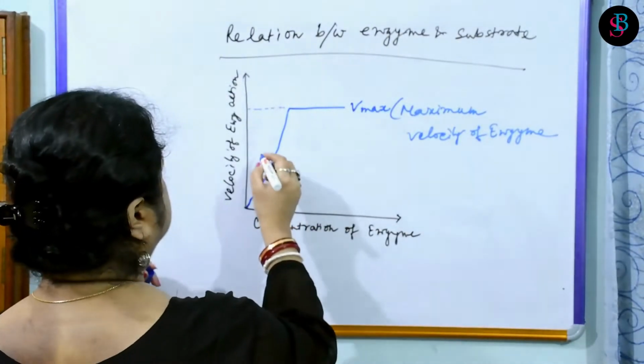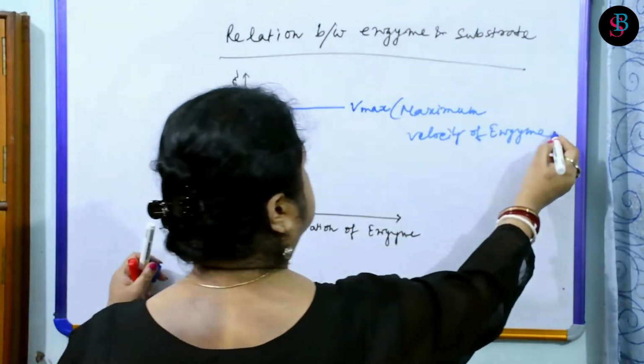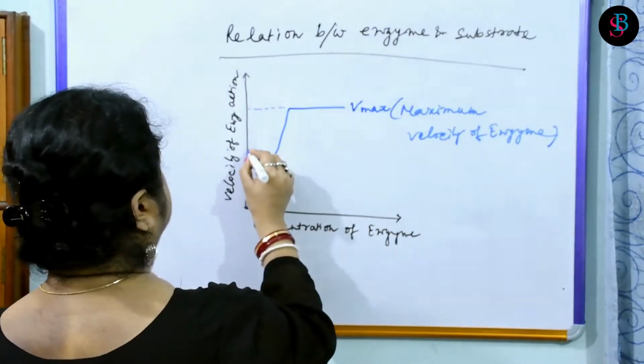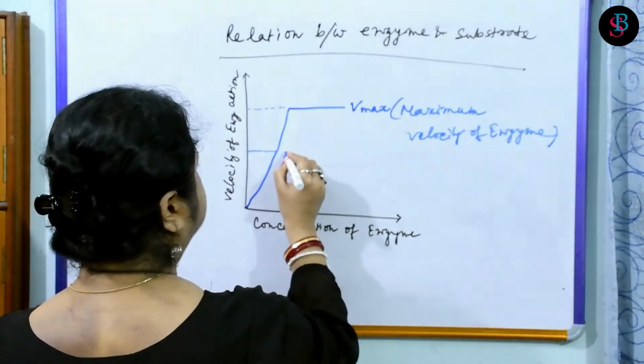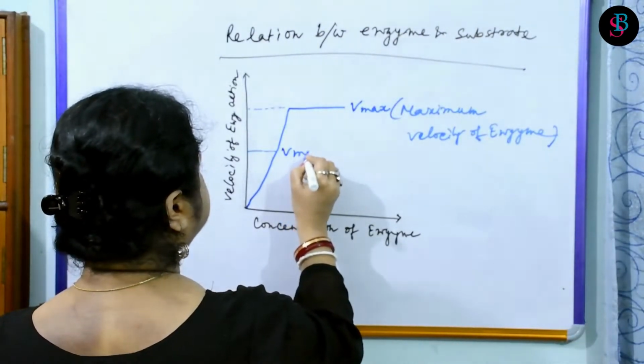When the velocity is just half, that is half of this maximum, this will be indicated as Vmax by 2.